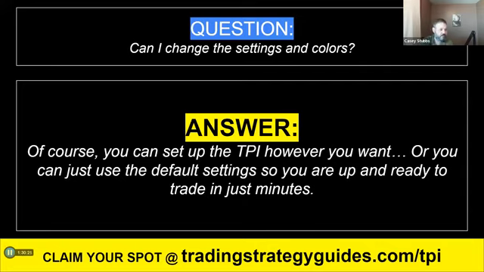And I've been guilty of this before, of building systems and making it so hard to get into. But for the TPI, we focused on simplicity. We took the most powerful indicator that we possibly could and we created it and made it simple. Simple is the way to go here.